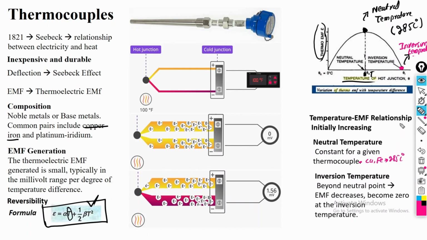For the copper and iron pair, this temperature is about 570 degrees centigrade. So beyond the neutral point, the electromotive force decreases and becomes 0 at the inversion temperature.